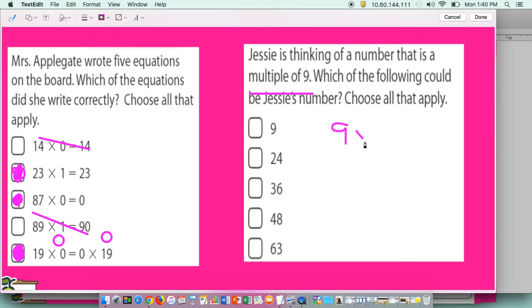9 times tables. 9 times 1 is 9. And then we will do the next one.